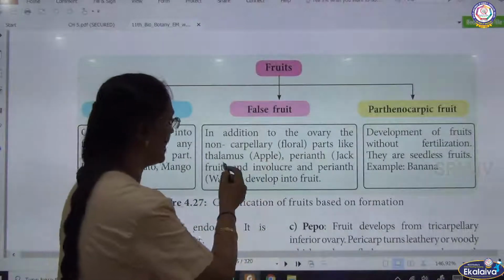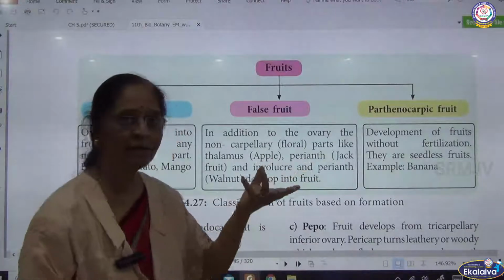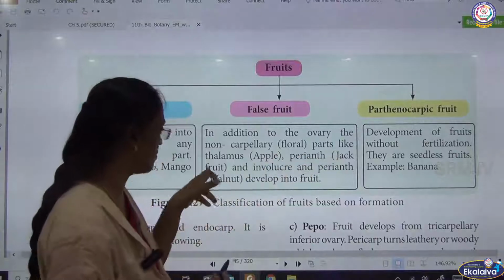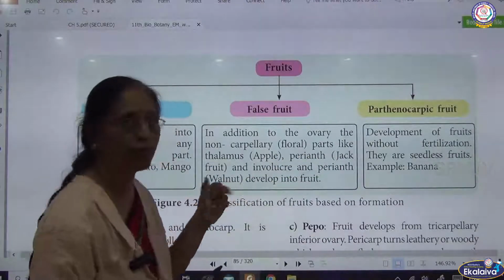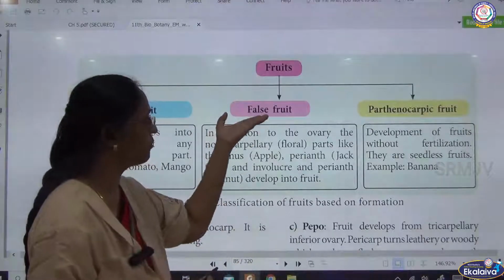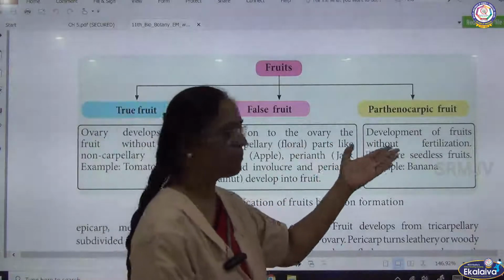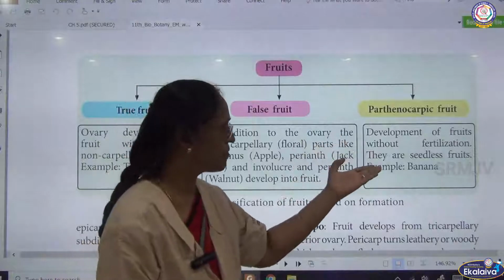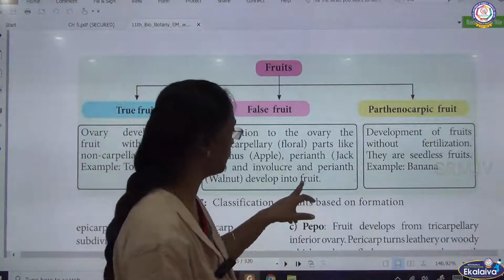Here, if the thalamus has developed, we can find it in apple, or the perianth is the one which we eat, the edible portion, in jackfruit, or involucre and perianth if it has been formed into a fruit, which we will find in walnut. All such kinds of fruits are called false fruits. If a fruit is developed without fertilization, then you call it parthenocarpic fruit, and they are seedless fruits. Okay, this is the classification of fruits.